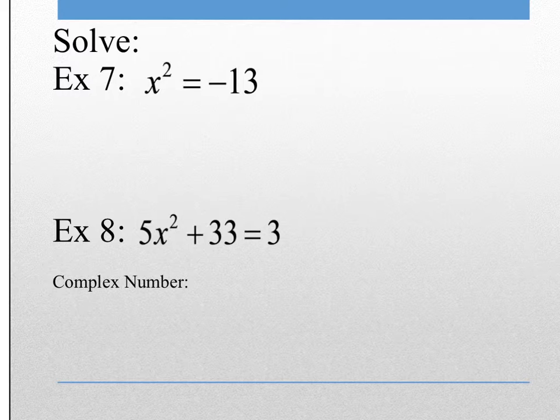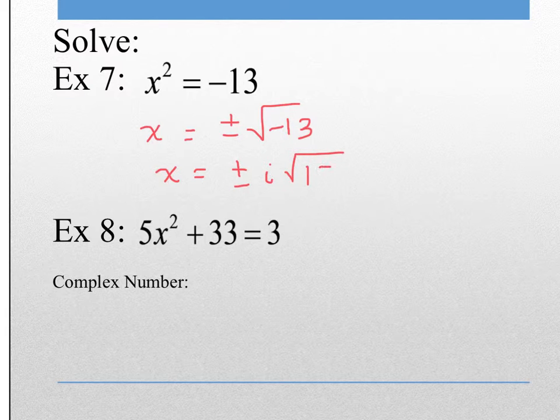So we're going to square root both sides, which gives me x equals plus or minus, get rid of the square right there, plus or minus square root of negative 13. The negative is i. So we're going to take the i out, leave the 13 under it, and that's our answer for these 2.